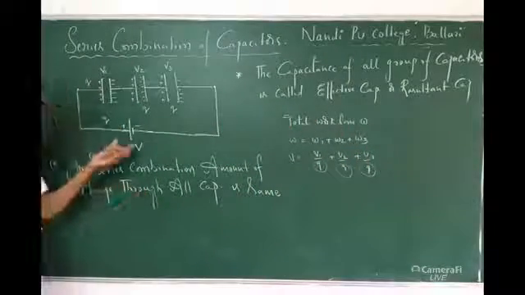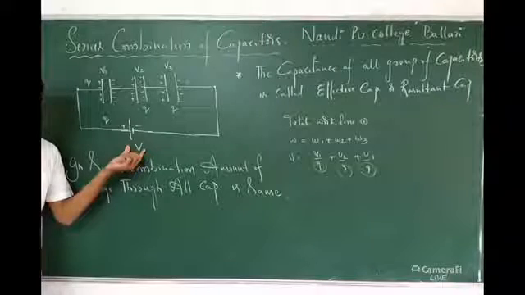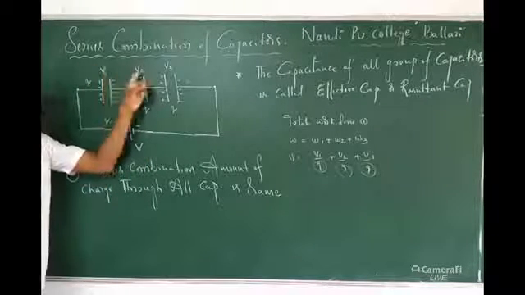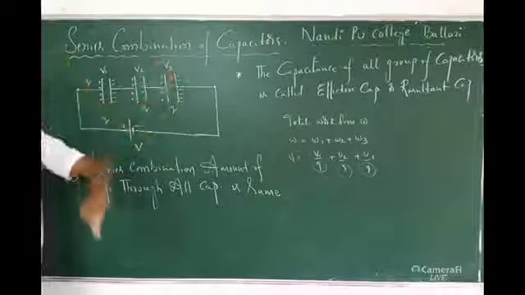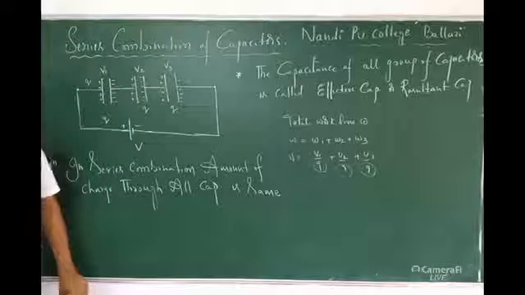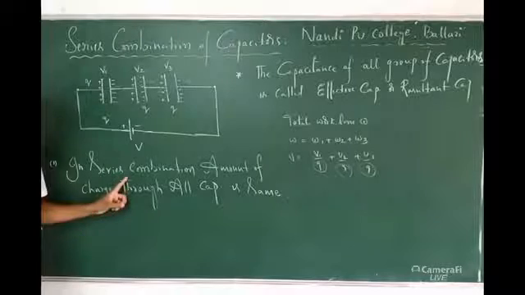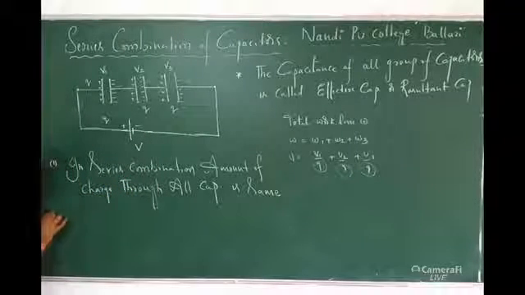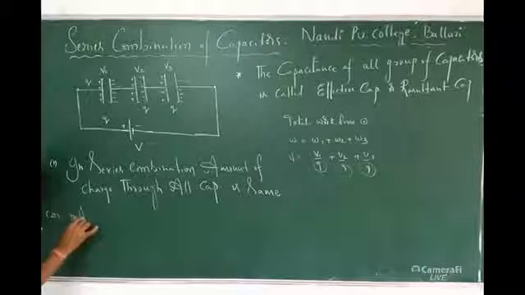So come to the circuit. Total potential how much? V. That potential is the sum of V1, V2, V3. It's a very important point. Charge through all capacitors is the same. But second point to understand: potential difference.